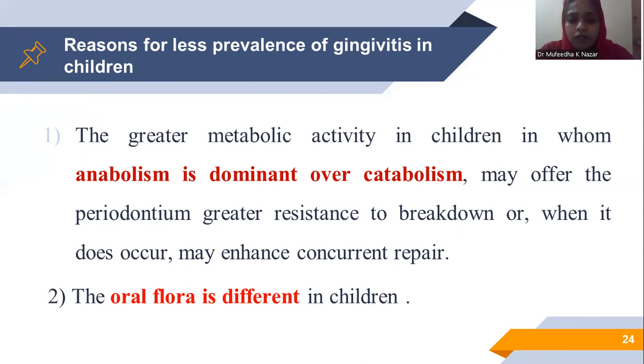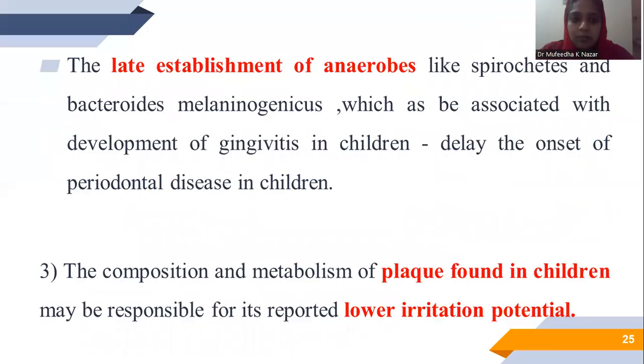The anaerobic bacteria in the bacterial plaque are established later. Anaerobic bacteria like spirochetes and Bacteroides melaninogenicus, which are associated with gingivitis, are established later in children, so there is a delay in the onset of periodontal disease. Another factor that contributes to the lesser prevalence of gingivitis in children is the composition and metabolism of the plaque.